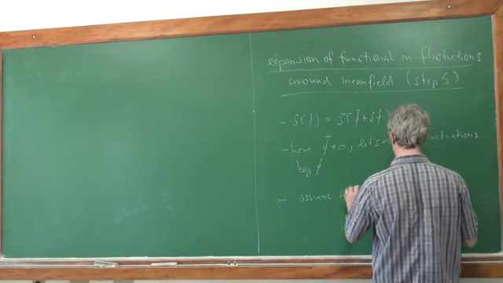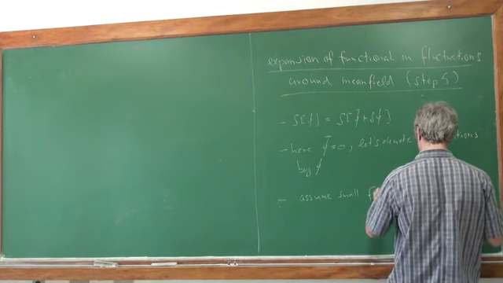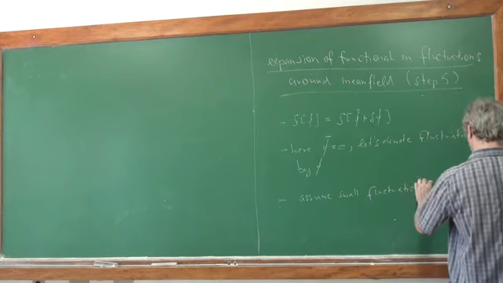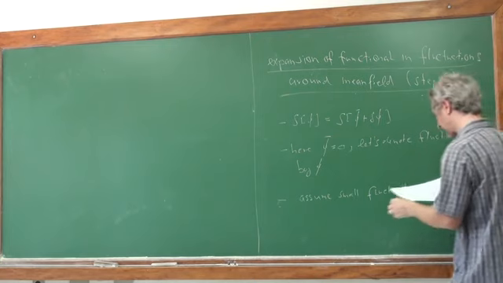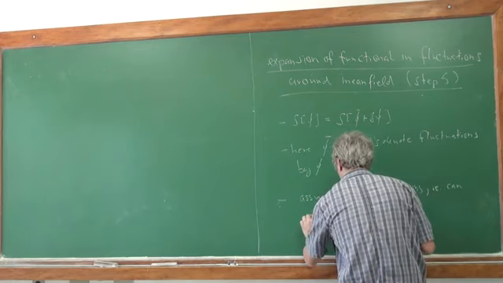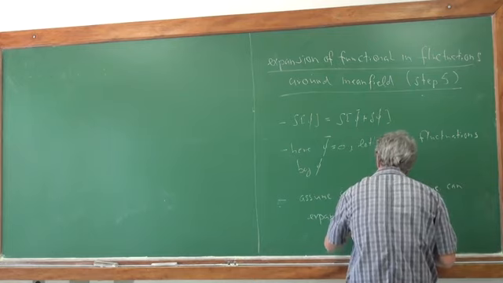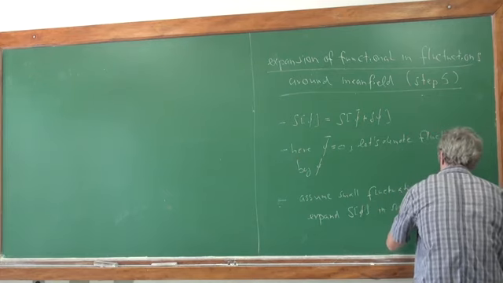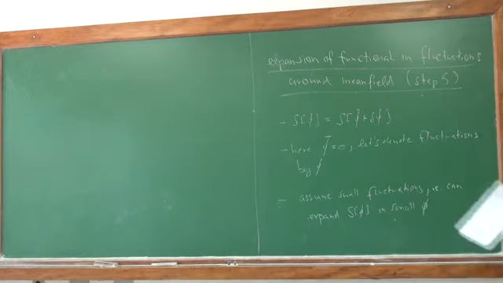So assume that you have small fluctuations which allow you an expansion of the effective action in terms of small phi. Okay, and this is again just an assumption that you make, and you have to see if this is indeed justified and leads to reasonable results.